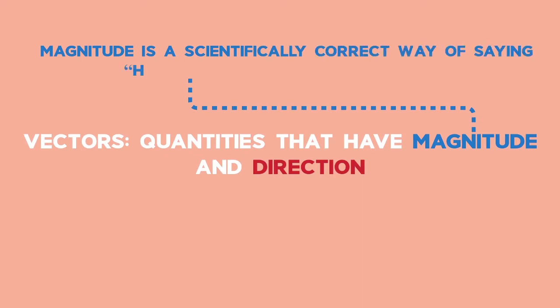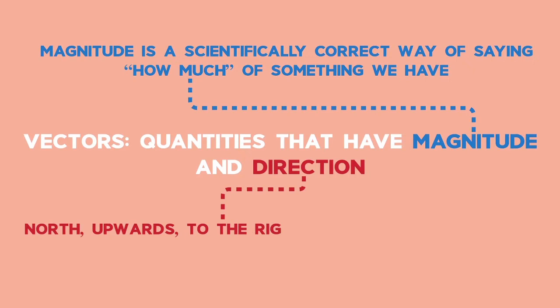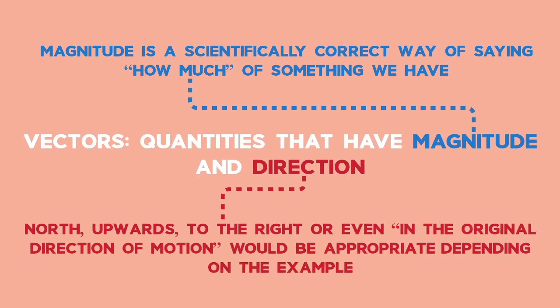Magnitude is a scientifically correct way of saying how much of something we have. The direction is simpler, but we need to make it clear and relevant to the question. North, upwards, to the right, or even in the original direction of motion would be appropriate, depending on the example.